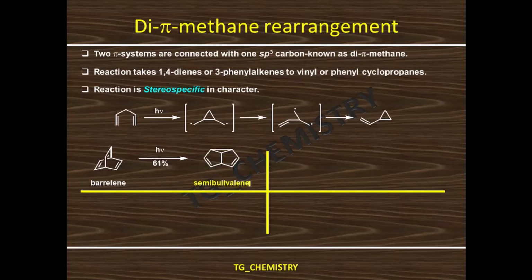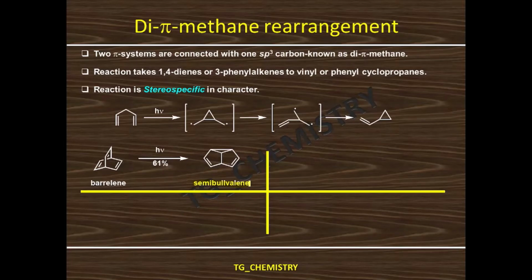as the major product. Okay, so it needs to be understood that for an acyclic system in di-pi-methane rearrangement, there is no other option but to go for the rearrangement under photoirradiation, having the two pi systems connected with one sp3 carbon, definitively the di-pi-methane system. This will go to the di-pi-methane rearrangement product.